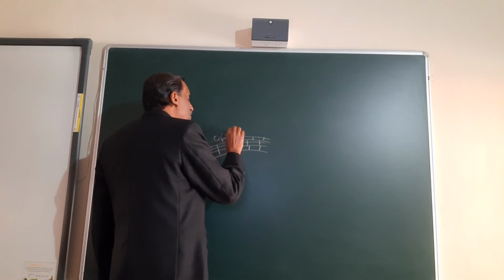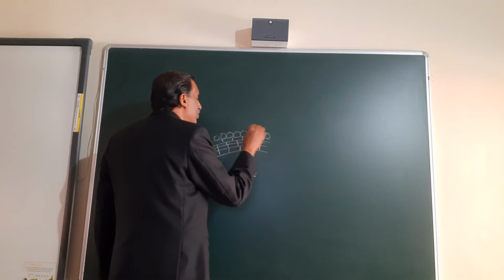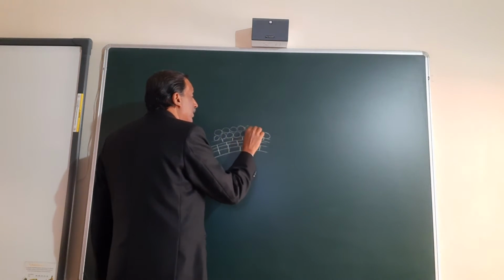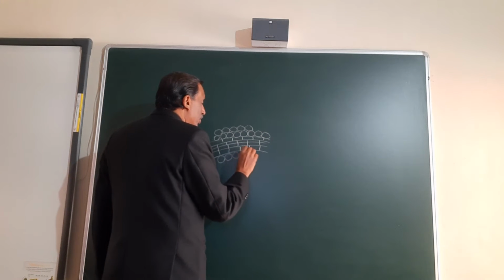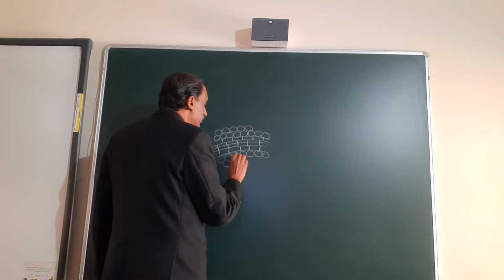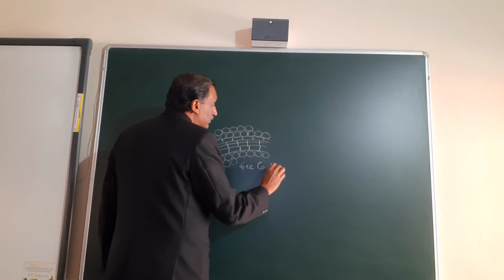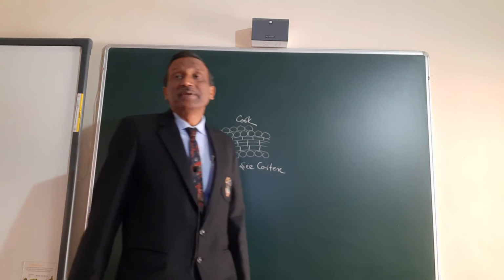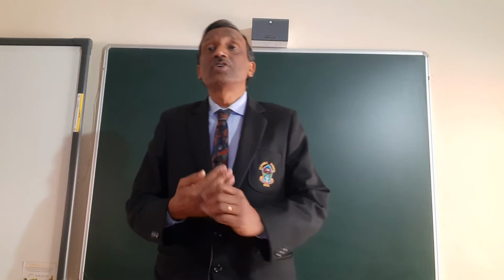Outside they will be forming cork cells or phellem, and inside again it is forming secondary cortex, so that is called phelloderm. Inside it is forming secondary cortex, outside it is forming cork. So secondary cortex is also known as phelloderm, and cork is also known as phellem.